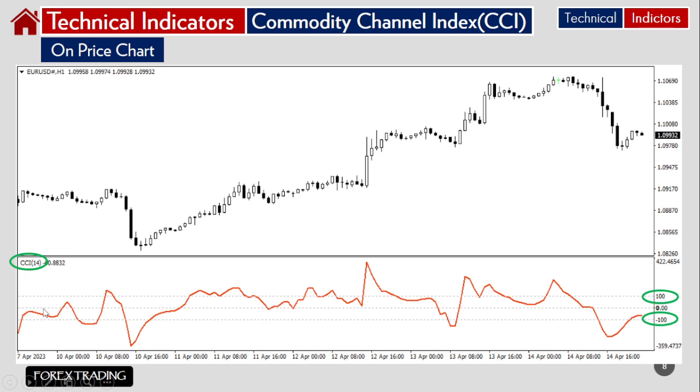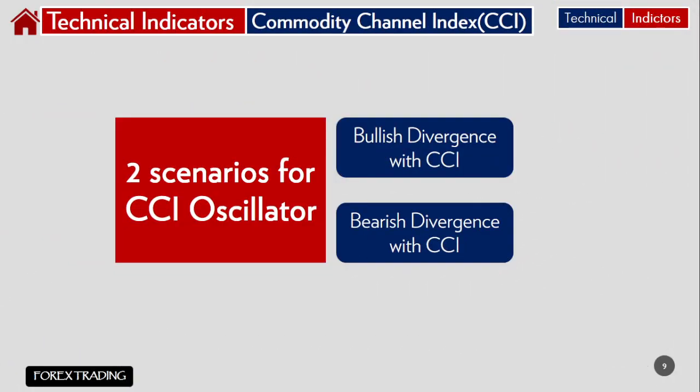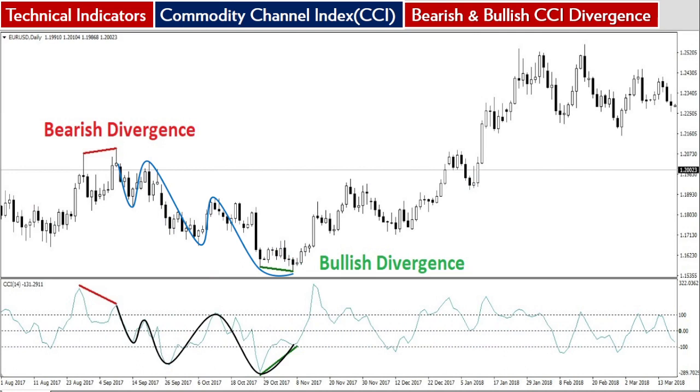This is where the price moves when we apply CCI on any price chart. Now there are two scenarios for the CCI oscillator: bullish divergence with CCI and bearish divergence with CCI.